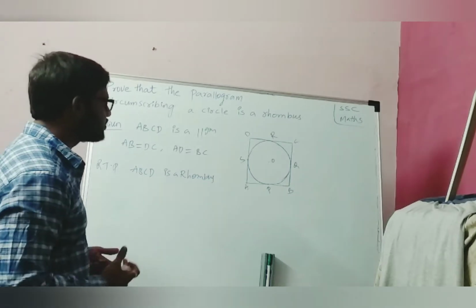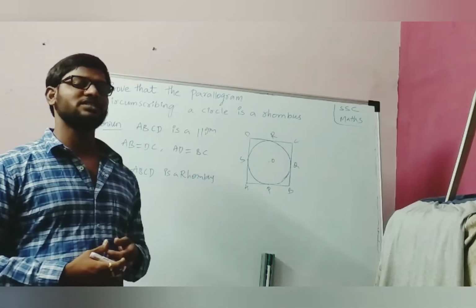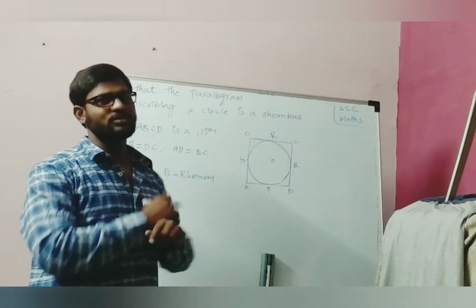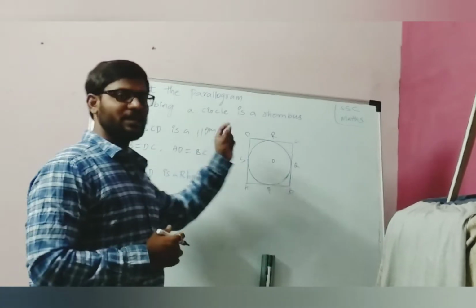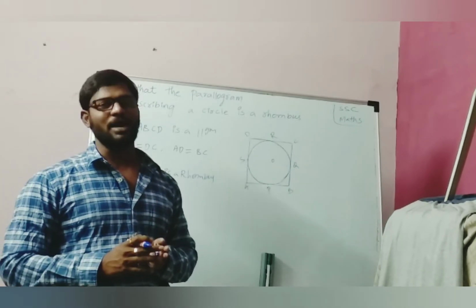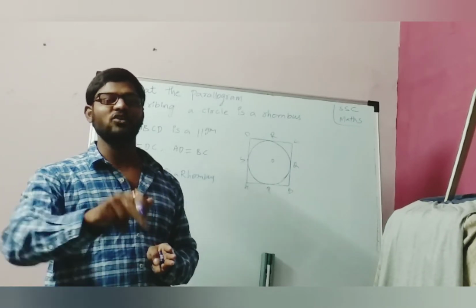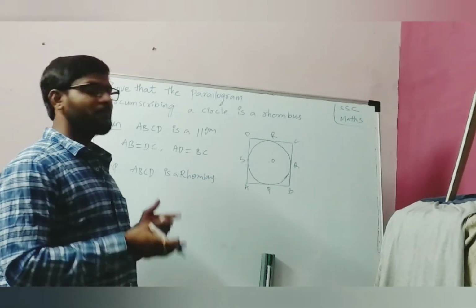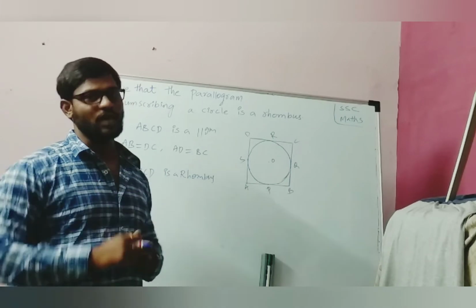In a rhombus also, both pairs of opposite sides are equal, and adjacent sides are also equal. That means all four sides of a rhombus are equal. Every rhombus is a parallelogram, but every parallelogram need not be a rhombus.